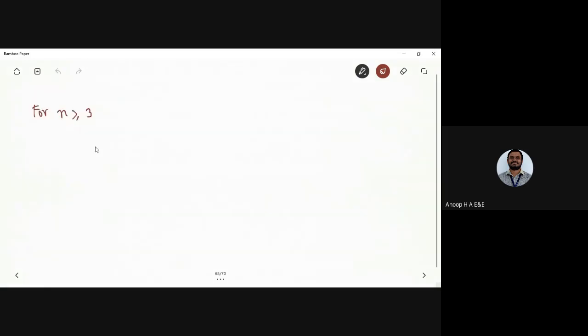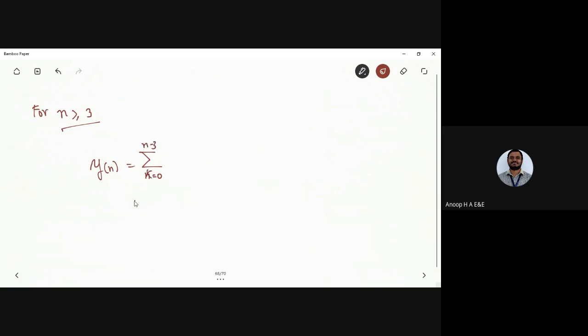So, that is where for n greater than or equal to 3, I'll be having y of n equal to sigma, the value of k, sorry, k equals 0 to n minus 3.